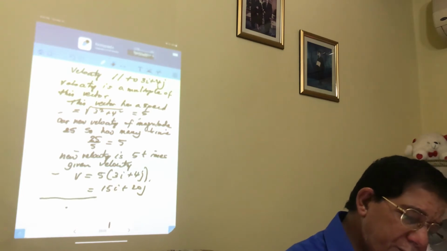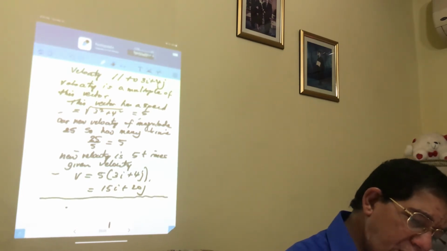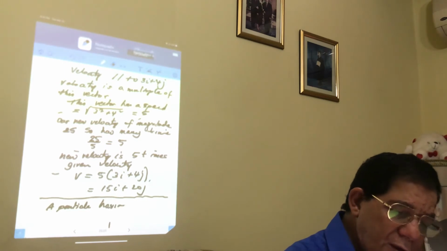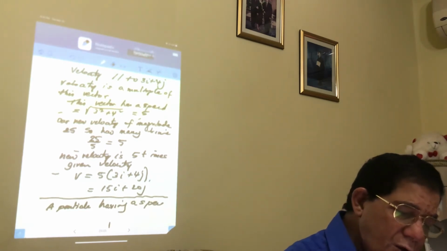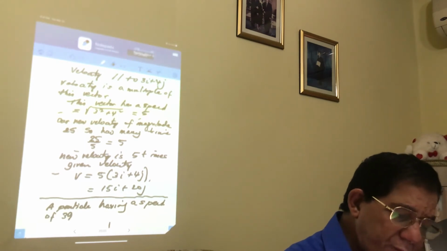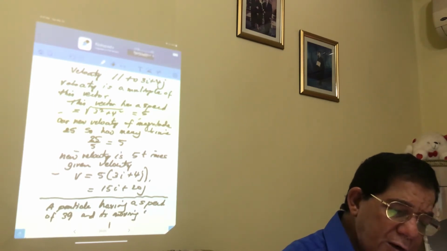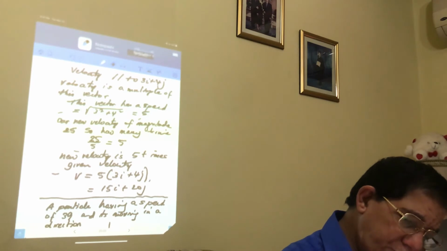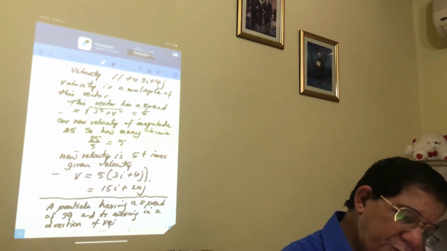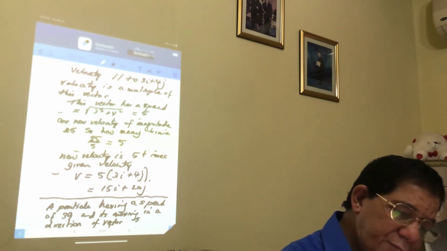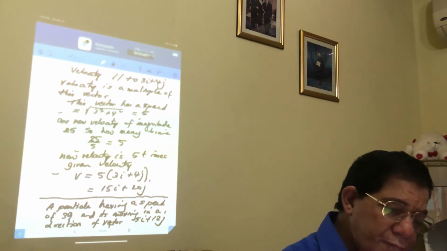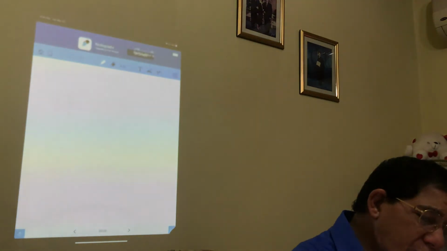So we take another example. A particle having a speed of 39 and it is moving in the direction of a vector 5i plus 12j. So we get the magnitude.